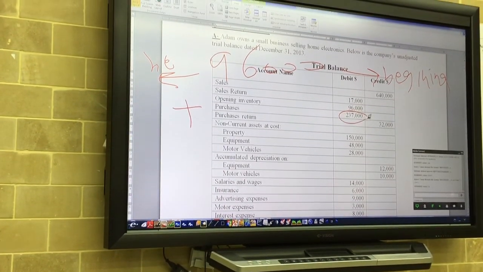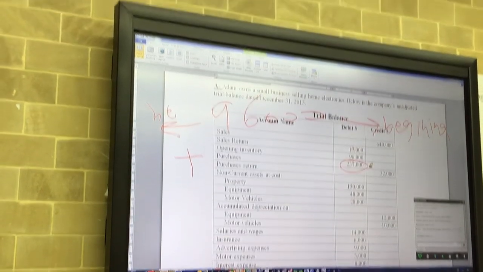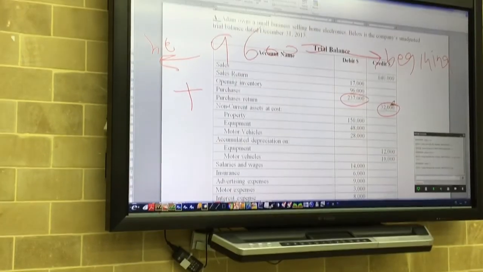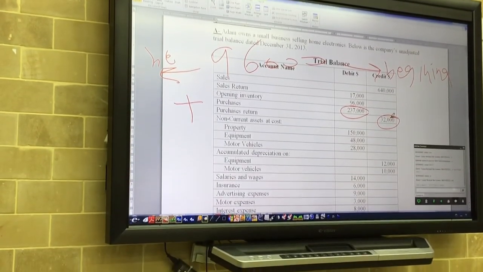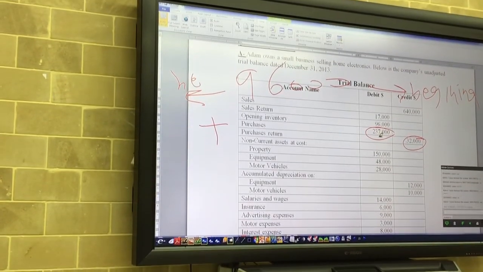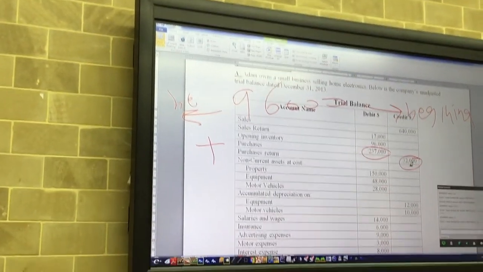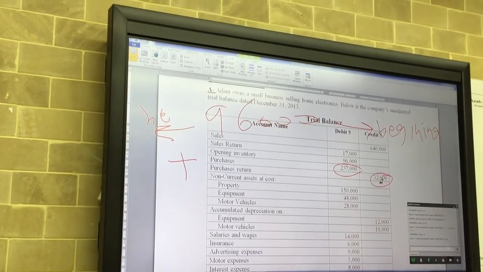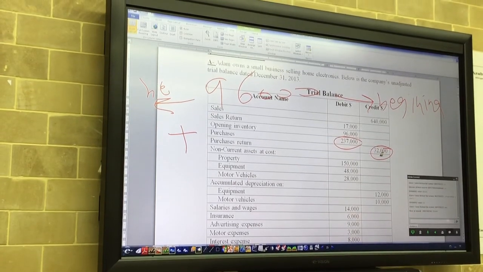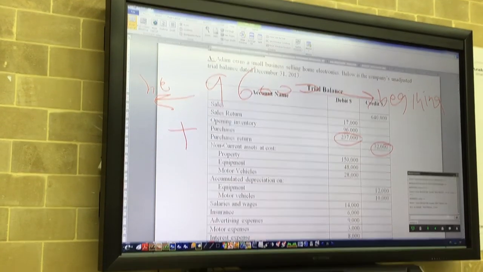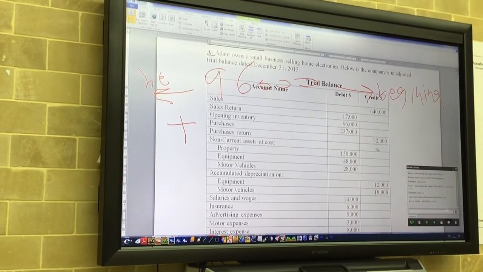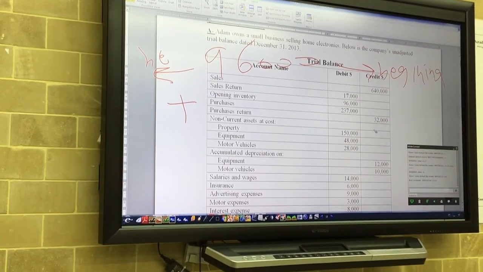You have purchases 237 and return 32, so you say 237 minus 32. So the net purchases will be 205,000. Where does 205,000 come from?